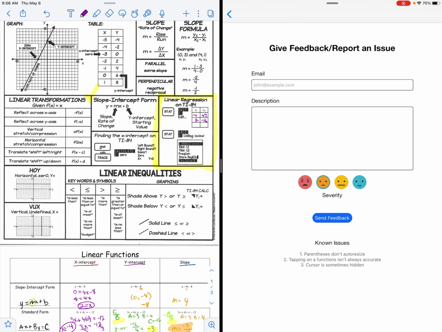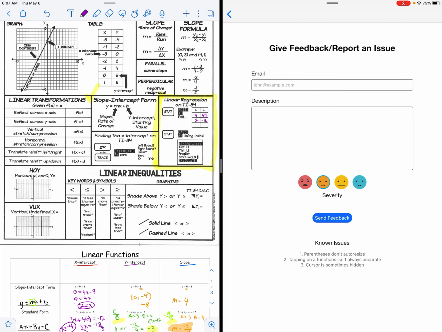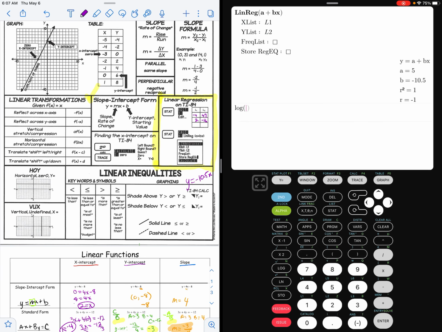So what we will write as our answer is y equals negative 10.5x plus 5. That's slope-intercept form.